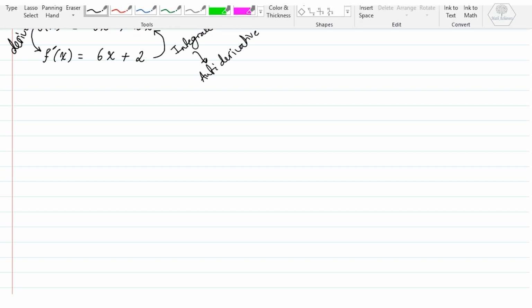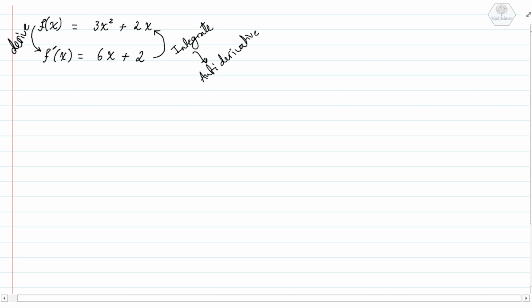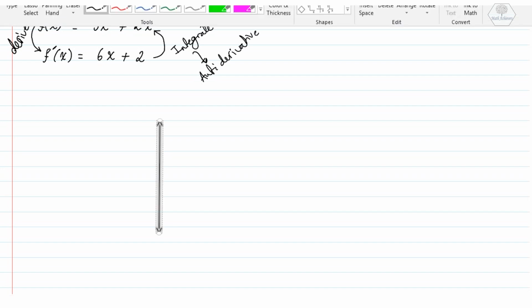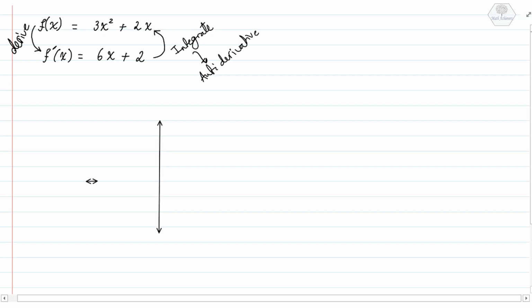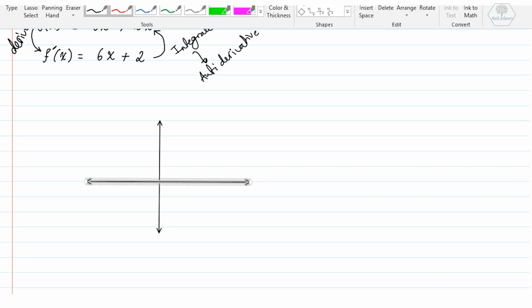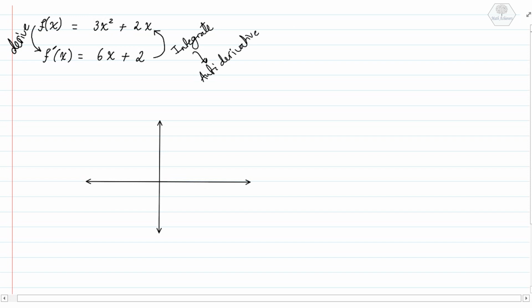So let's see, by using graphical means, what the integration or the antiderivative represents. Let's say I'm having this axis, and I do have this graph. Let's have a quadratic function, maybe like this. This function is f of x.